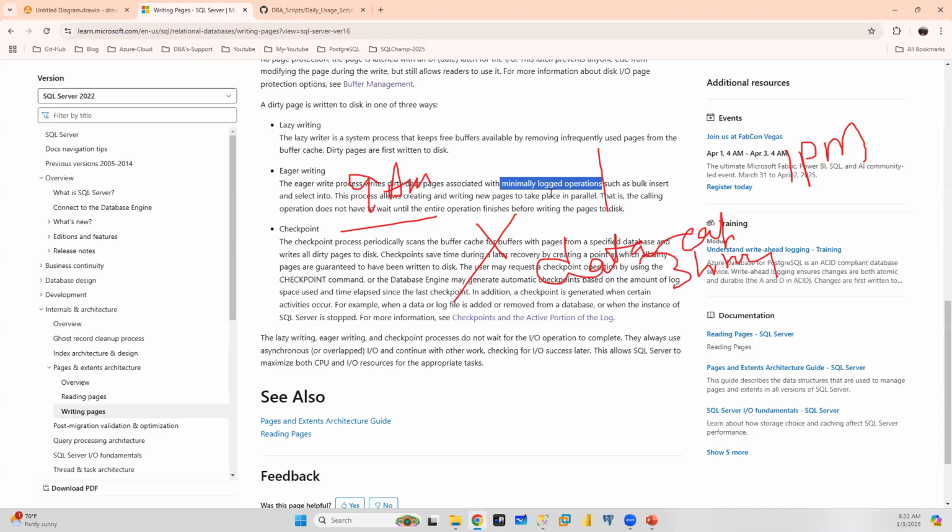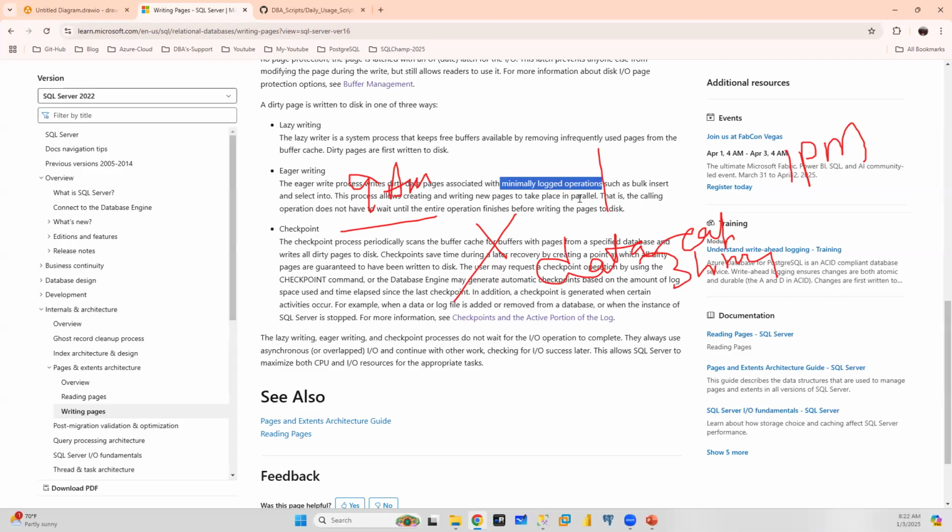What it does is page creation and page writing parallelly. That is how it improves the performance of bulk operations in the bulk logged recovery model. But there is one flaw here: it is minimally logging. Is it clear, everyone?